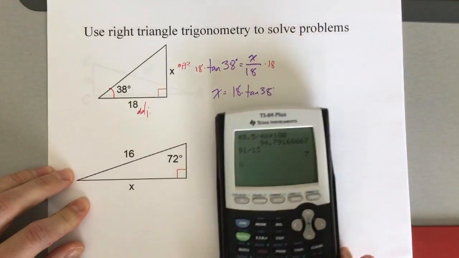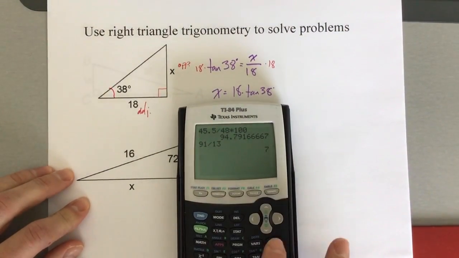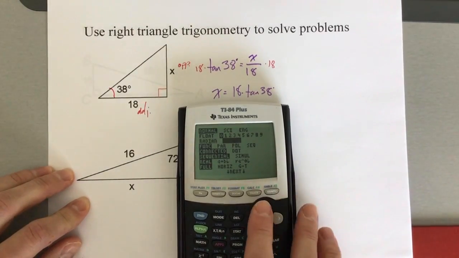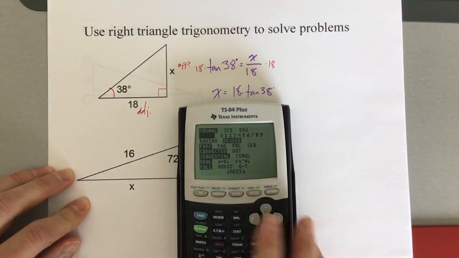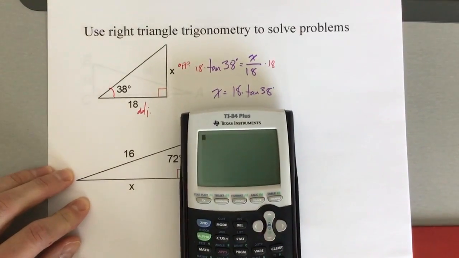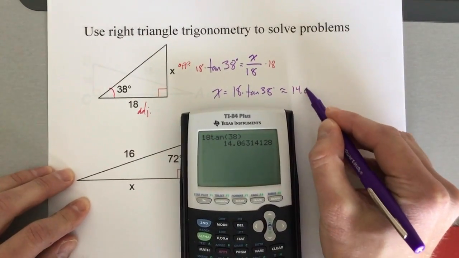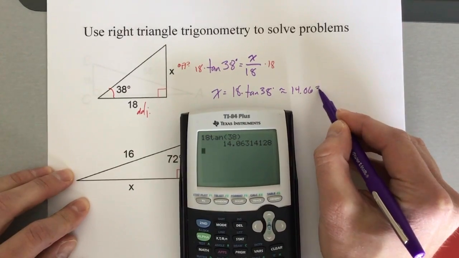A graphing calculator is very helpful, but we'll have some other tools coming up soon. Make sure your graphing calculator is in degree mode, not radian mode. So I can take from my calculator 18 times the tangent of 38 degrees to find the length of that side x. It is about 14.0631.